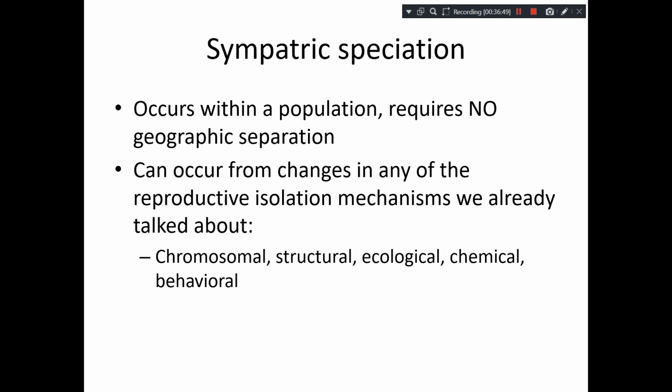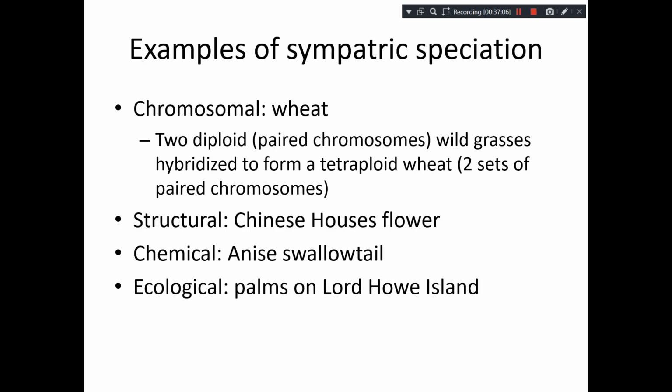In the sense, there is a reproductive isolation mechanism, and that is made possible by chromosomal, structural, ecological, chemical, or behavioral changes. To give an example for sympatric speciation, in chromosomal wheat, two diploid wild grasses hybridized to form the tetraploid wheat, with two sets of paired chromosomes.